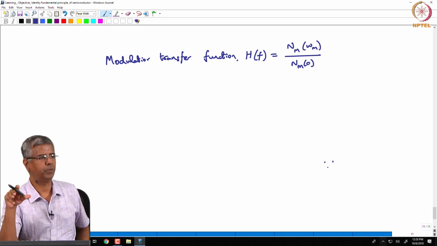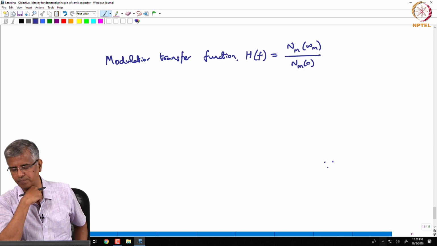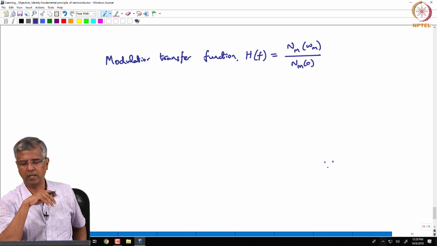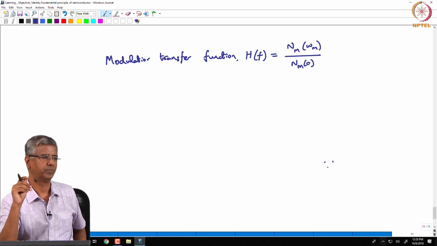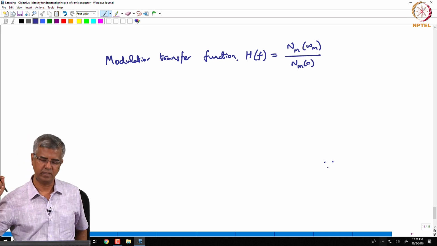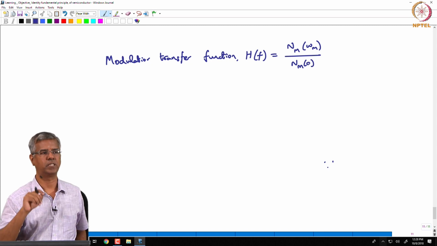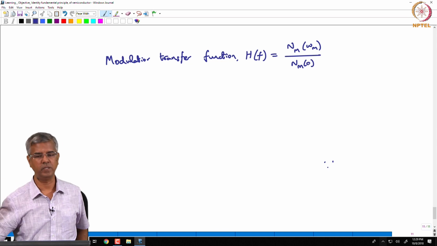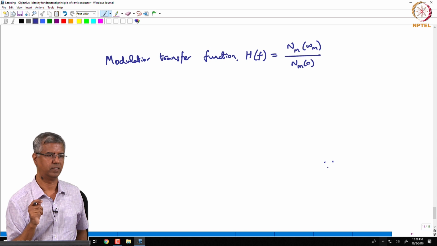At low frequencies, steady state, I mean at DC and quasi steady state conditions, you can basically say that Nm of omega m is equal to Nm of 0, right, because if you are injecting some carriers slowly, you can expect that there is a corresponding change in the output power. Now, I am injecting carriers at a much faster rate, right?